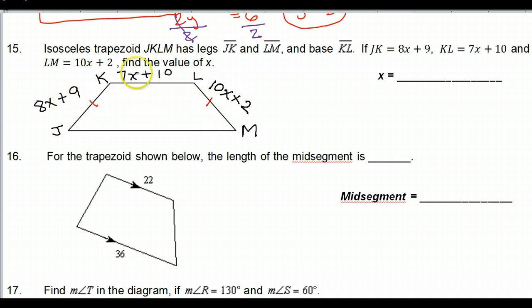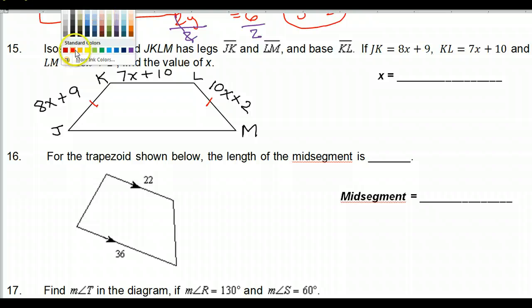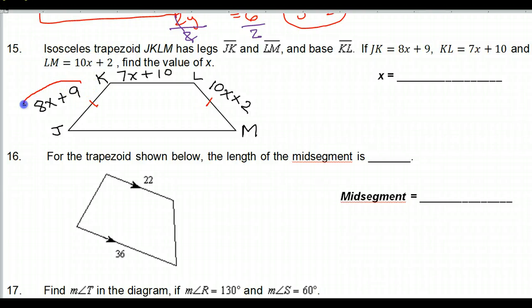Well, we're only going to use 2 of these 3 things. And really, I would guess we didn't even really need to draw a picture to be able to do this. But it is probably helpful. It's the legs that are going to be congruent. They told us that JK and LM are the legs. So that meant that JK and LM are the things that should be equal to each other, with or without a picture.